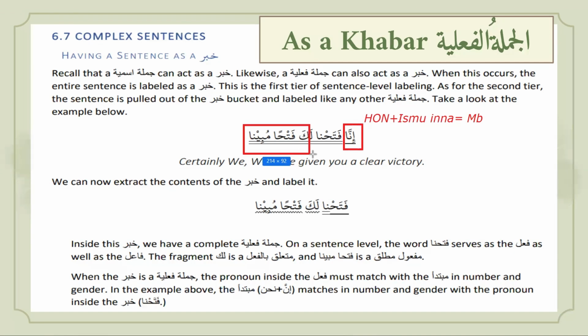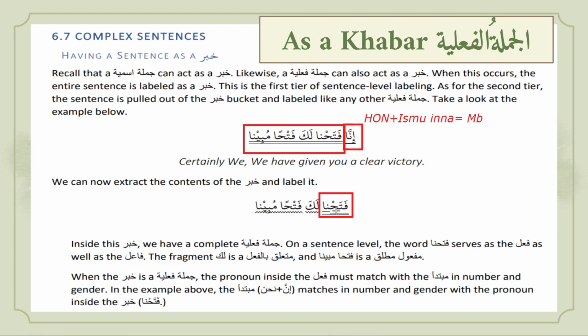If you look at this khabar, fatahna is past tense, so it is a fail, right? This whole sentence, which is coming as khabar, begins with a fail and a file, so that's why this is jumla failure. Inna fatahna laka fatham mubina.